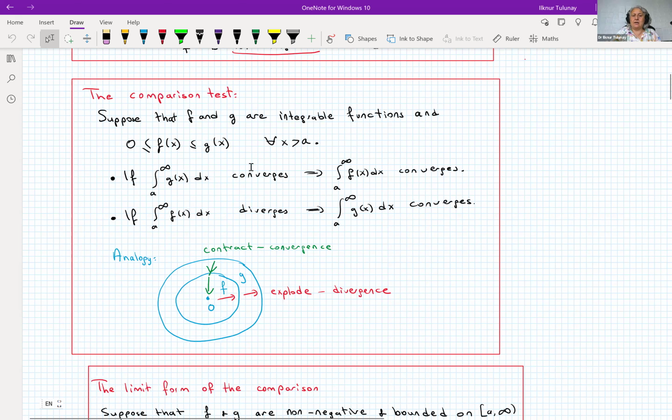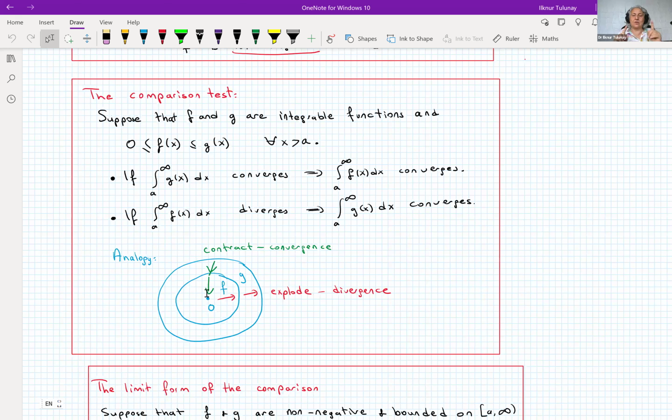This means that if the inside function, the inside ball, explodes, it diverges, opens up and blows up, then the outside diverges too.